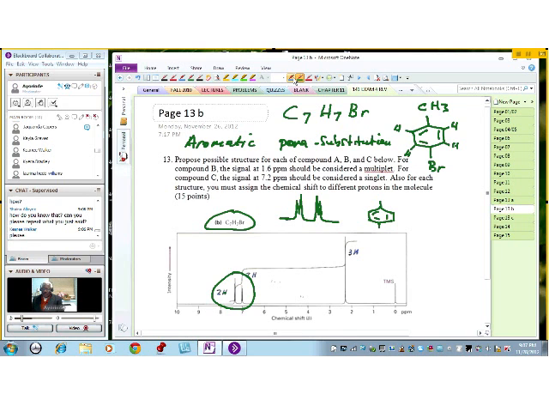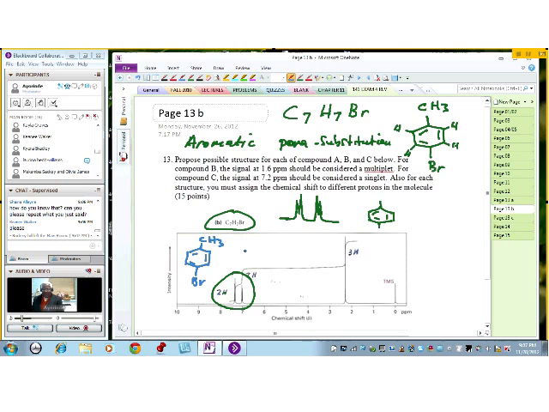Okay, do you follow that? In other words, this is the structure, and that takes care of this problem, because the formula is C7H7Br.